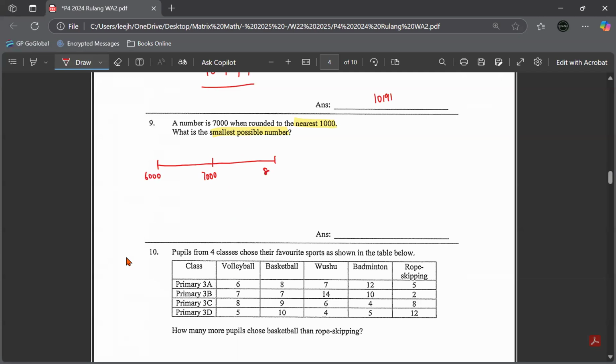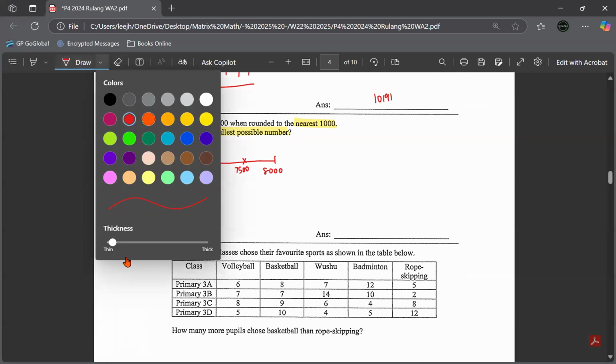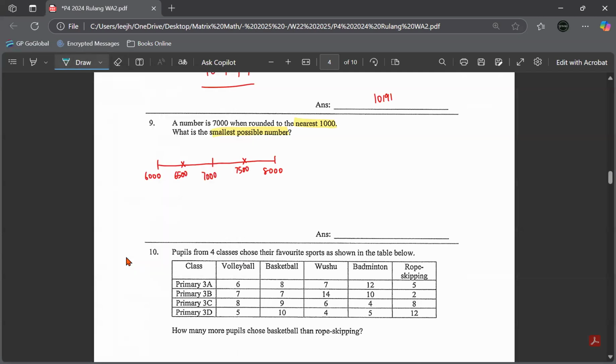Right side, 1,000 more, which is 8,000. Always look for the midpoint of each side of the number line. So the middle of 6,000 and 7,000 is 6,500. This is 7,500. I want the smallest possible value, so I will have to go from 7,000 back to the midpoint at the back. So this is your answer.